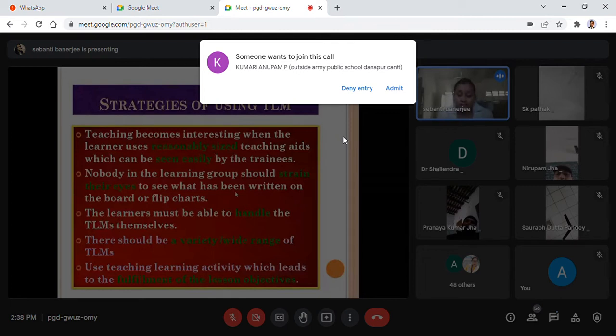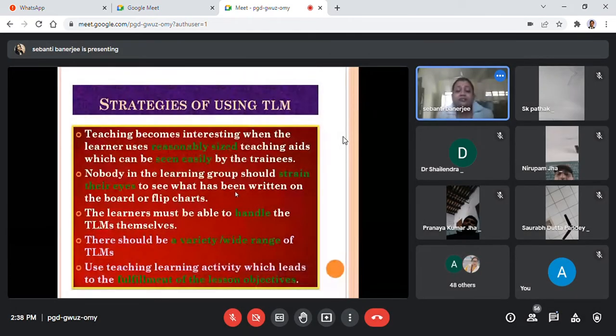We have made a TLM, but we cannot use it in each and every class where we teach the same topic, because the students are different in each section. Maybe in section A, the students are fast learners. But in section B, there are a large number of slow learners. So we have to change our TLMs accordingly.